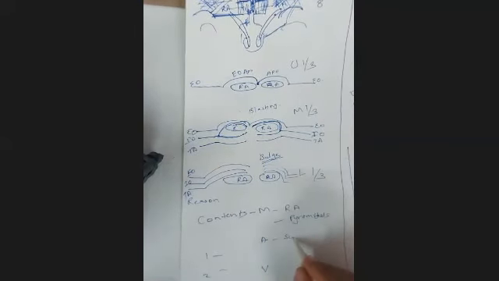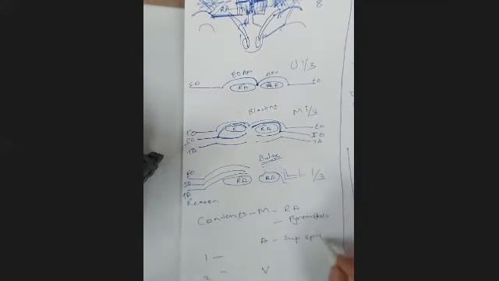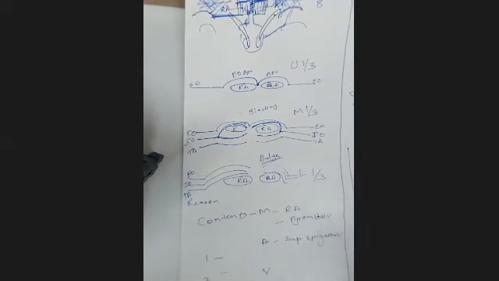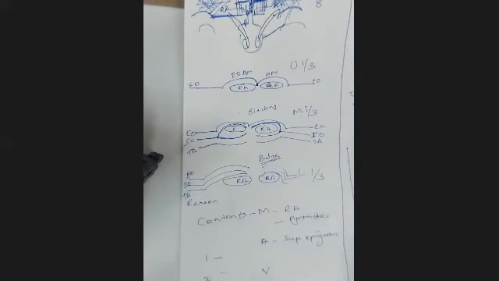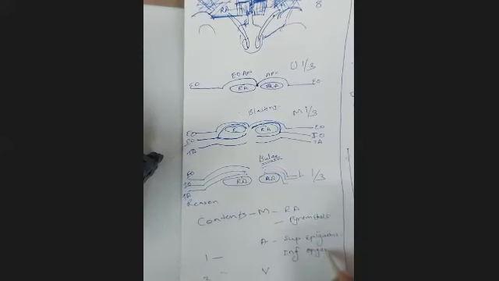Arteries, there is the superior epigastric artery, right? The internal thoracic artery divides in the seventh intercostal space into superior epigastric and musculophrenic. And then there is the inferior epigastric artery.